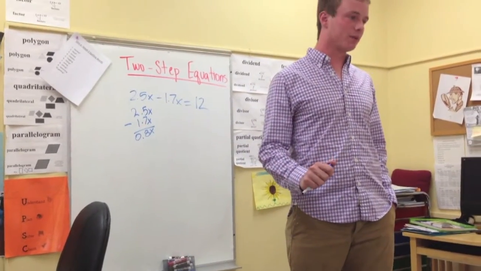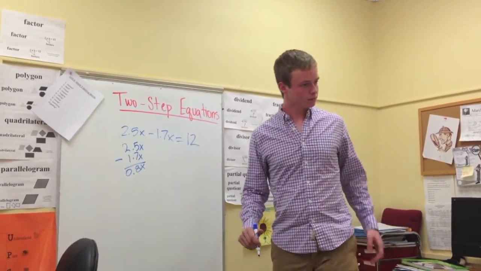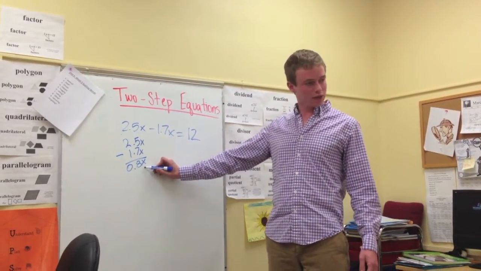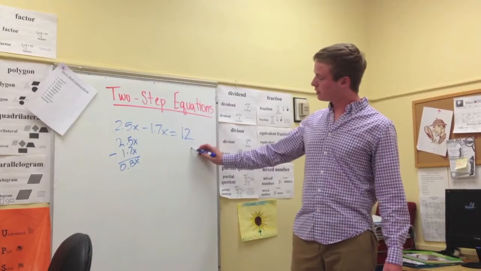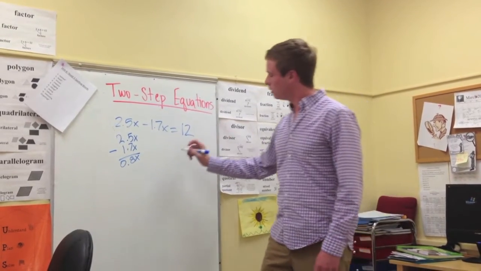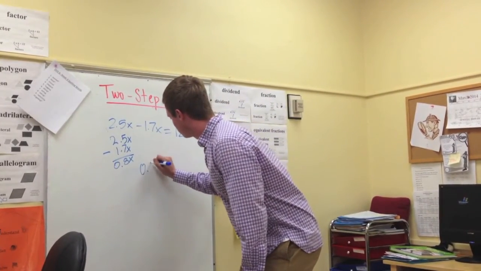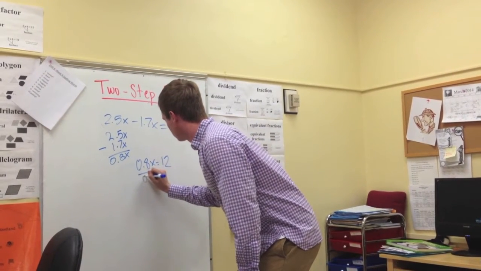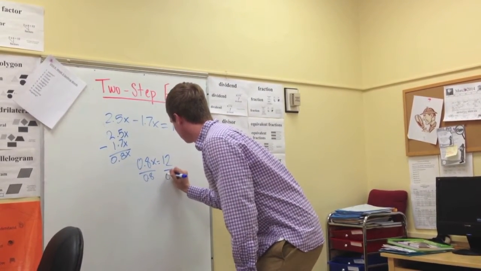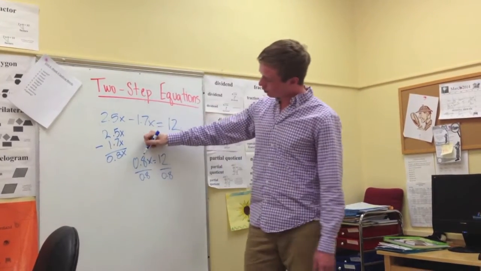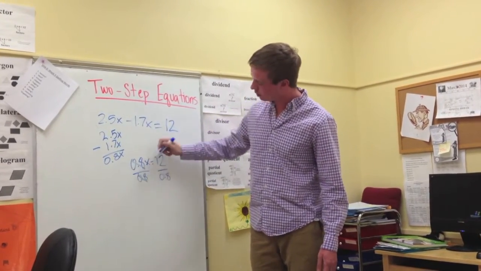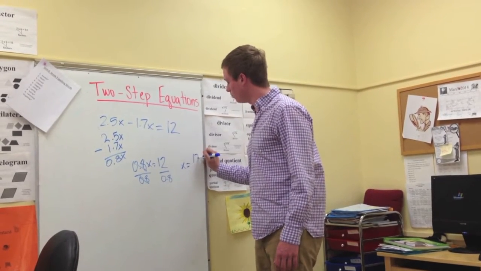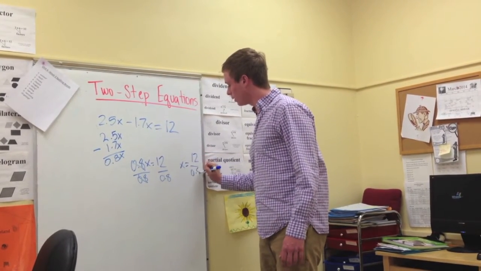What do we think the next step is, Camille? Dividing everything by 0.8. Yeah, because we want to get x by itself over here, but we have to do the same thing to this side. So the 0.8s cancel out, and then we're left with x equals 12 over 0.8.